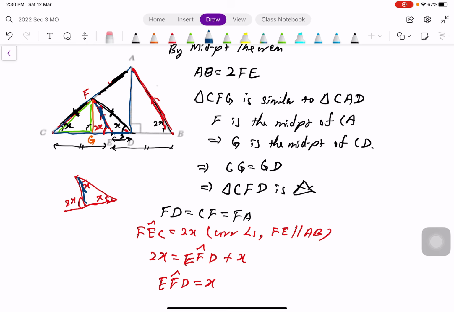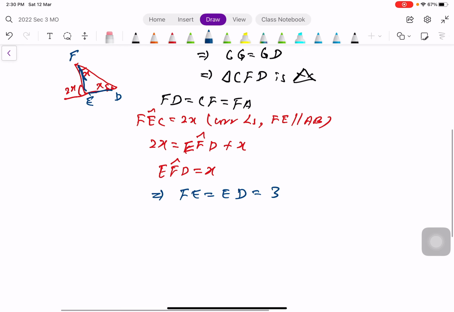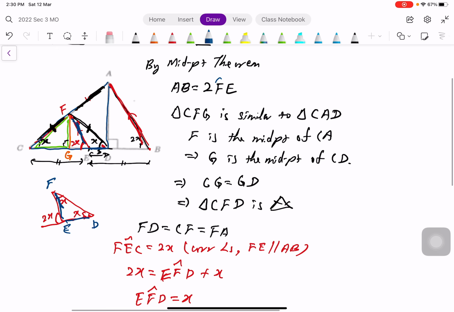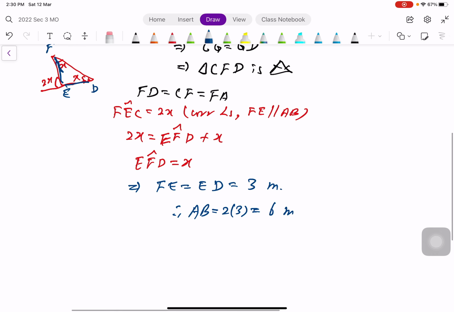Therefore, this implies that FE is actually equal to ED, and this is just equal to 3 meter. And can you see that once you get your FE, you get your AB? Therefore, in this case, AB will be just 2 times 3, and that will be just equal to 6 meter. That's it. With that, we answer the question.